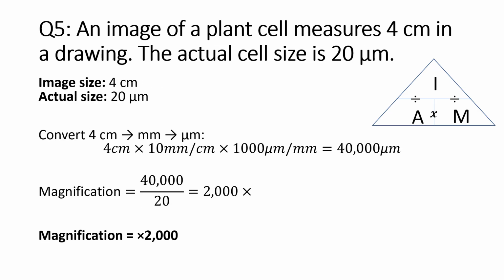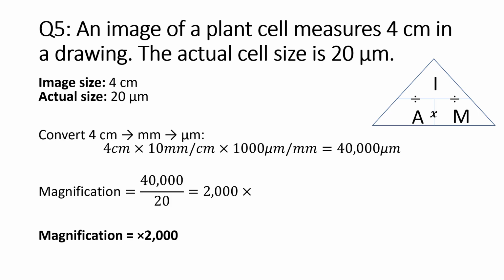So in question 5, we have an image of another cell. This time it's 4 centimeters in the drawing. So the image size is 4 centimeters and the actual size is 20 µm. What we have to do is get them into the same units, just like before. We convert the centimeters into millimeters by multiplying by 10, and then we convert from millimeters into µm by multiplying by 1,000.